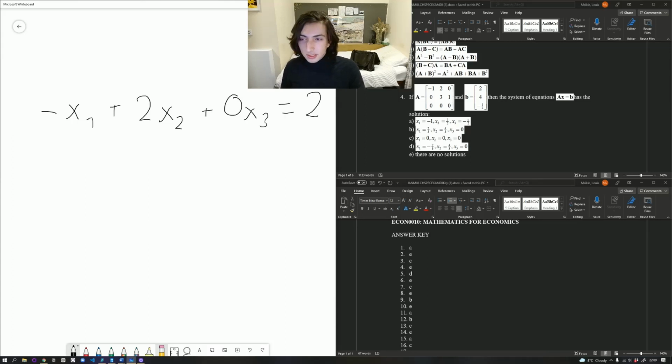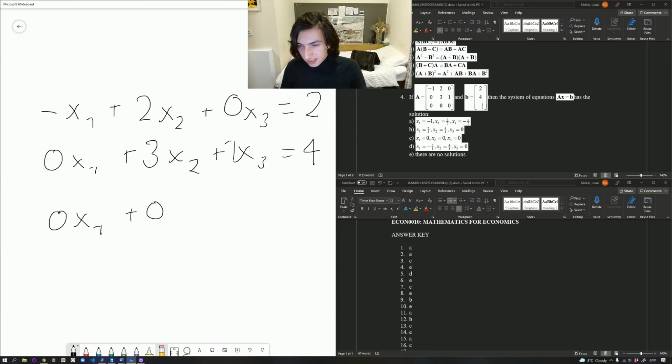And then you've got 0x1 plus 3x2 plus 1x3 is equal to 4. So far, so good. This is how it would usually go. But then we look at the final one: 0x1 plus 0x2 plus 0x3 is equal to a half.